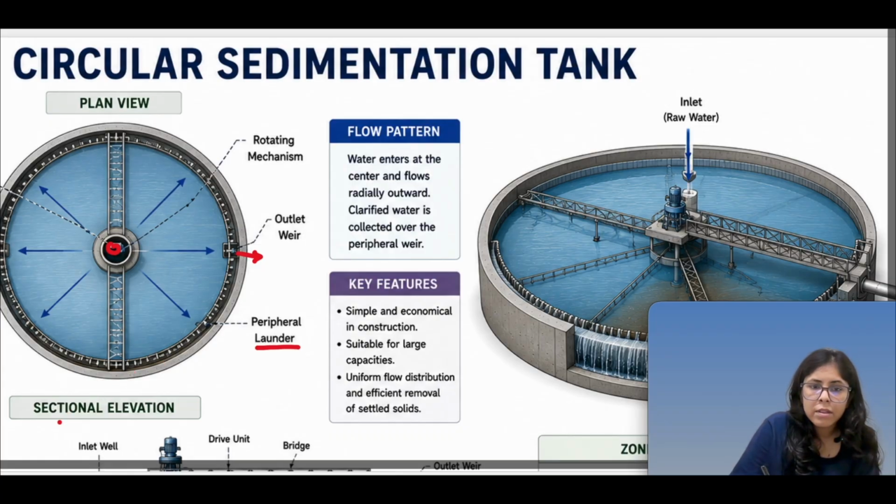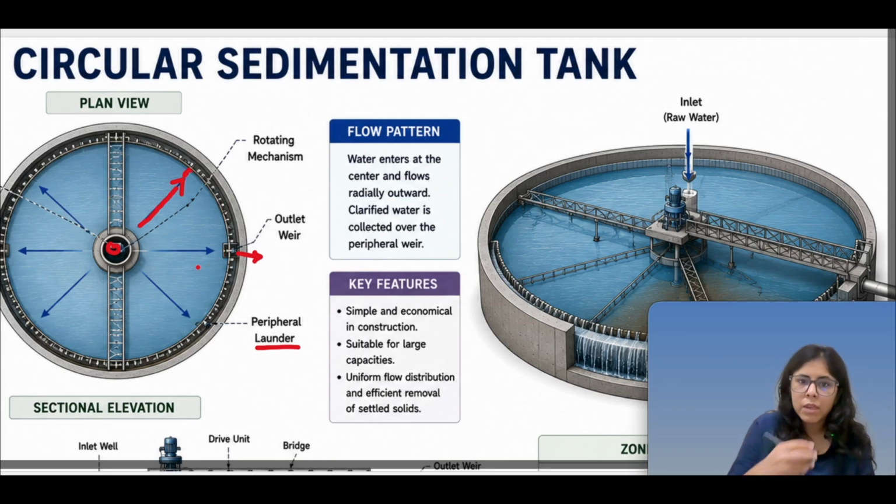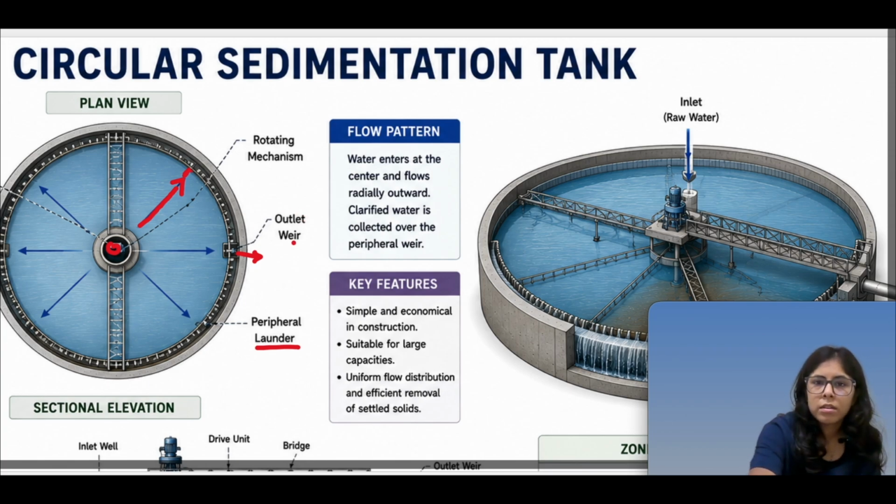So this is what the circular tank looks like. At the center is the inlet, and then water travels radially, and with that suspended particles settle down, and then at the radial distance there will be outlets, and from the outlets the water will come out, okay. So this is the circular sedimentation tank.